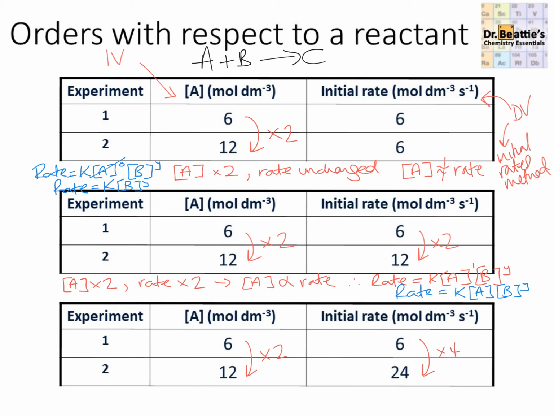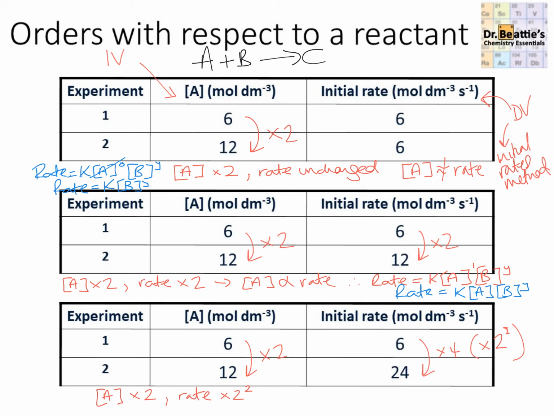Or, even better to think about, it has doubled to the power of 2. So 2 to the power of 2 is 4, and that is what has happened to our data going from experiment 1 to experiment 2.